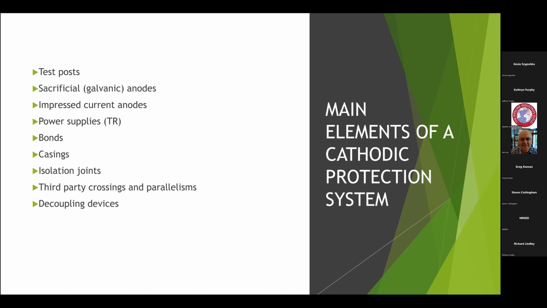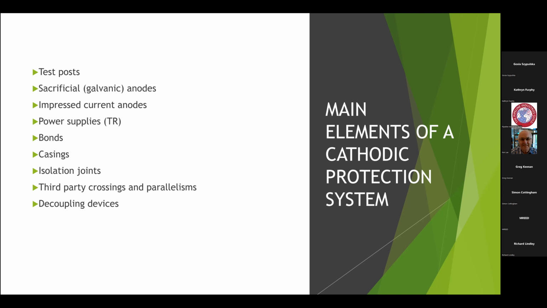So even though these days there's an increasing use for switch mode power supplies or solar systems, they still sometimes get referred to as a TR. Bonds are things where we connect to other people's pipelines or to other structures in order to balance currents out. Again, we would just do a visual check on those and a current measurement.